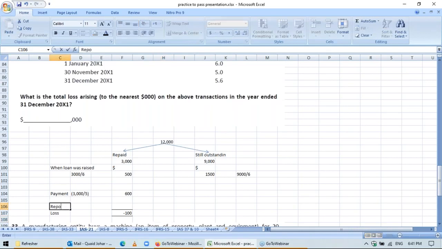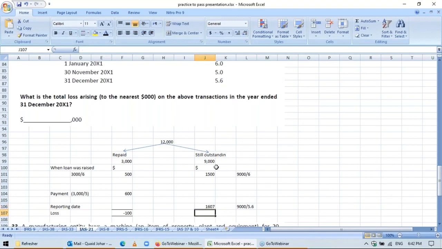And then the remaining amount will be retranslated. So at reporting date, the 9,000 figure will be converted at 5.6 on 31st December 2001. So if we convert it, this makes 1607.143. We have to give the answer in thousands.